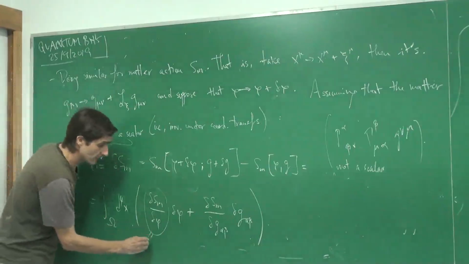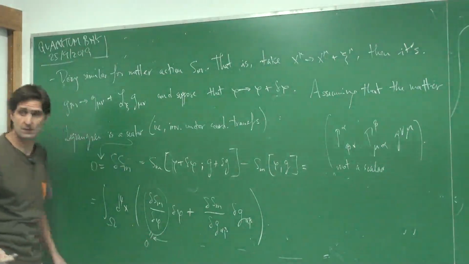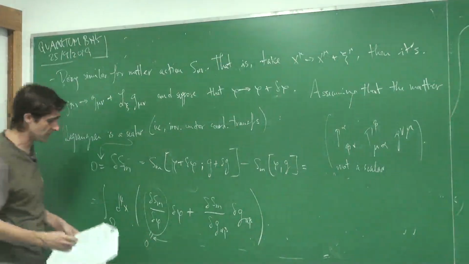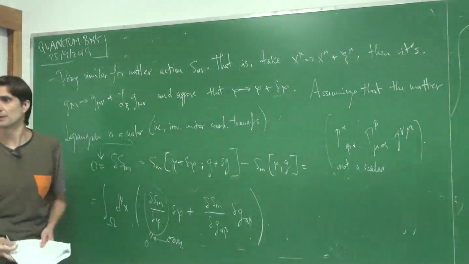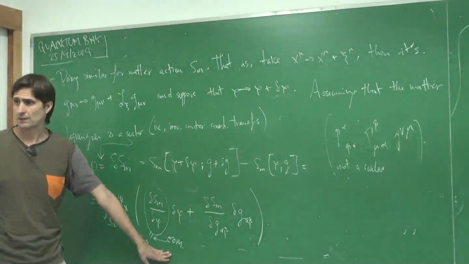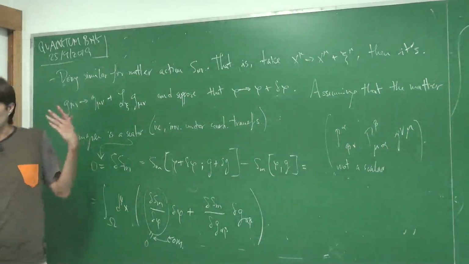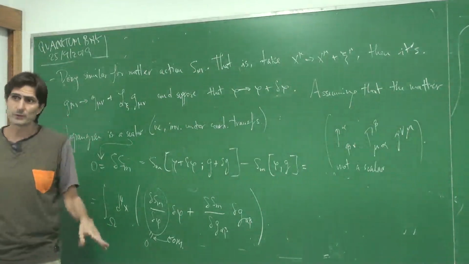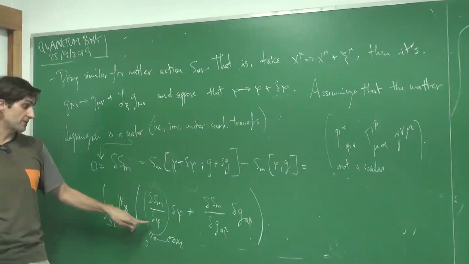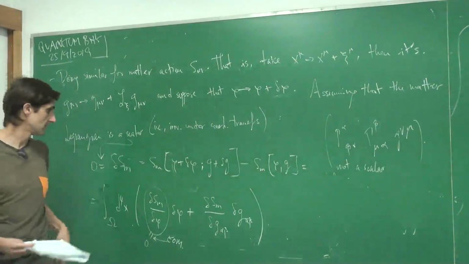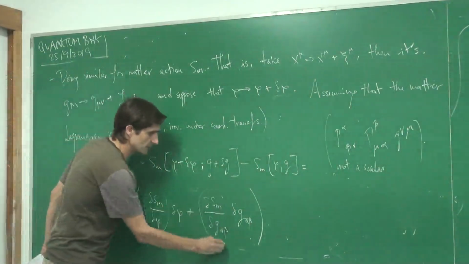Okay, so this is zero if phi satisfies the Einstein field equation, the equations of motion. I'm assuming that phi satisfies the equations of motion. That was how we derived the equations of motion, by extremizing the matter action with respect to variations of the field. What is this one equal to?